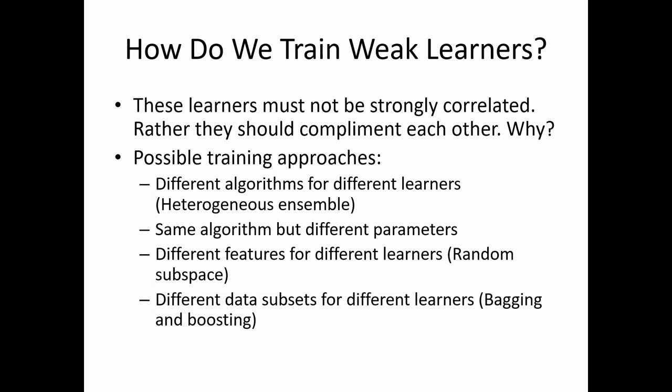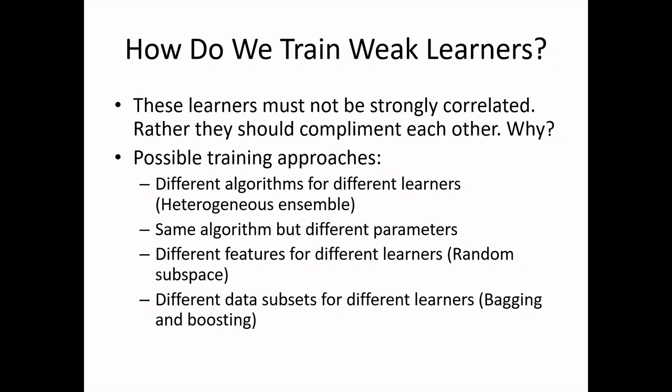But if 5 people are thinking independently, arriving at their conclusions through their own thinking, totally independent from the rest, then when you combine them, chances are you will end up with a better result. So we need to make sure that these learners are not strongly correlated. That's the number 1 point.